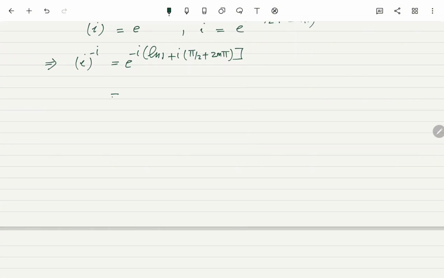And this equals e to the, ln 1 equals 0, and minus i times i is just 1, e to the pi over 2 plus 2m pi, and remember m in this case equals 0, plus or minus 1 and so on. Therefore, i to the power minus i has an infinite number of real values.